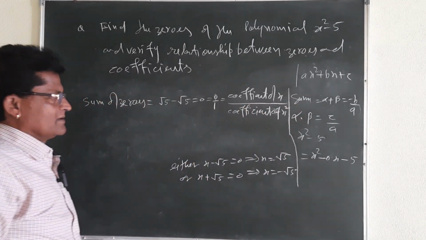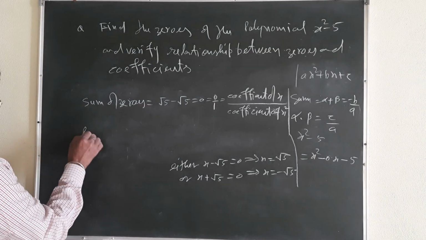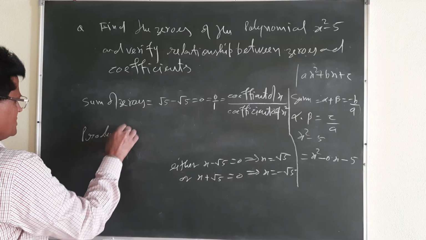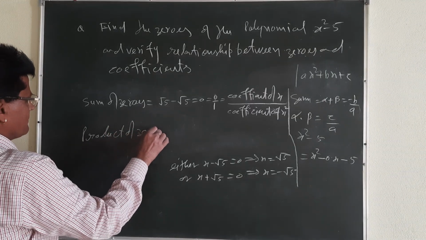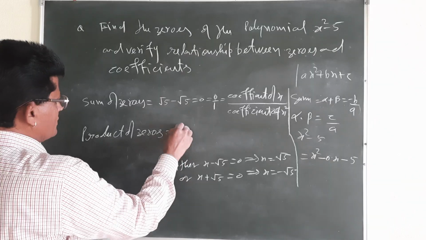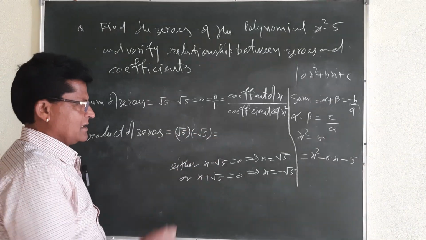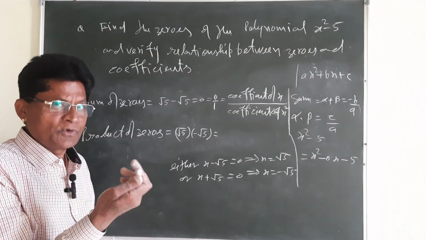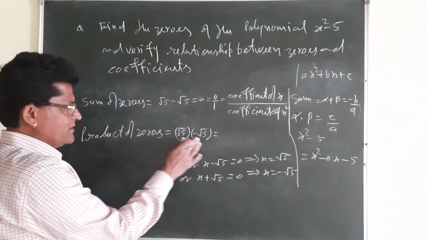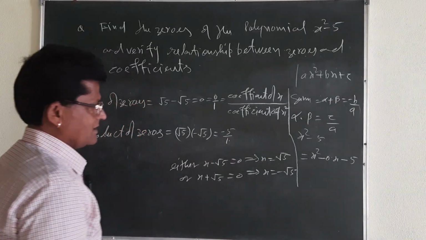See carefully. This is the relation: product of the zeros. See, product of zeros will be root 5 into, in another bracket, minus root 5. Root 5 into root 5 is 5, but the sign will be negative, minus 5, divided by 1.